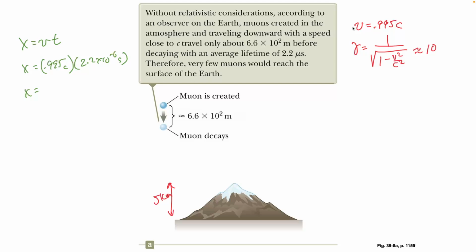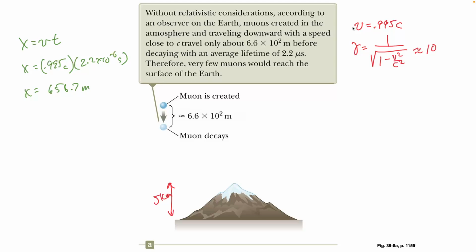Where's my distance? 656.7 meters. In other words, if a mu meson's created in the atmosphere, and they're created all throughout the atmosphere, but let's just say it's created at the top of Mount Washington, 5 kilometers above sea level, it could travel 656.7 meters before it breaks apart.